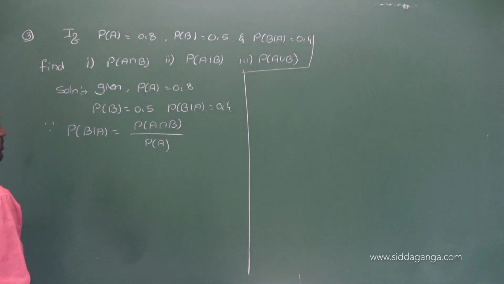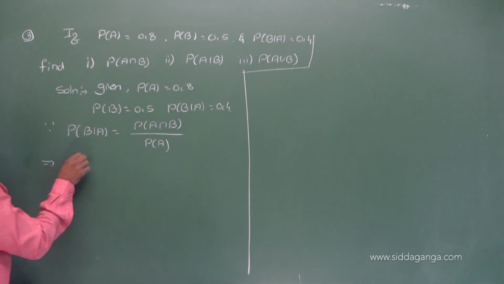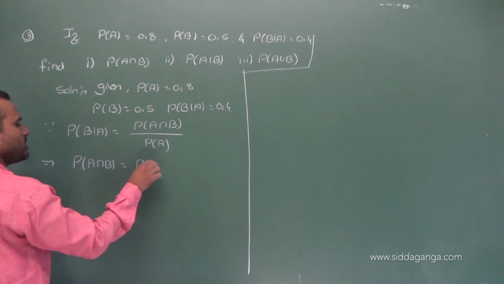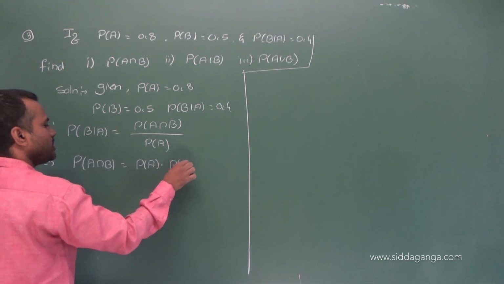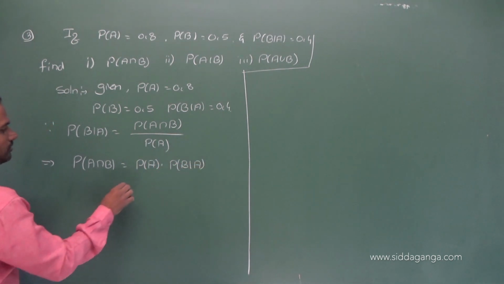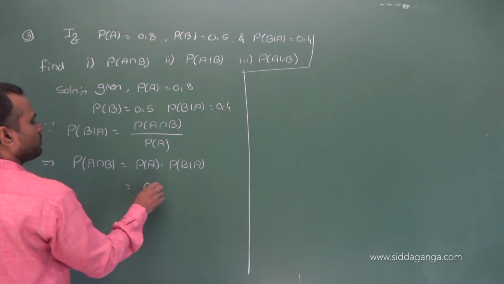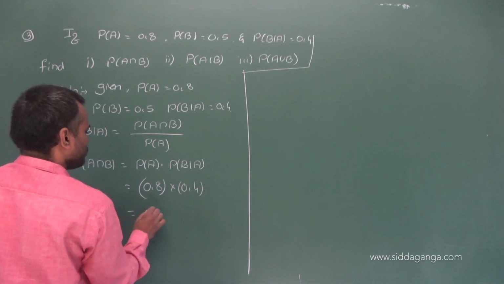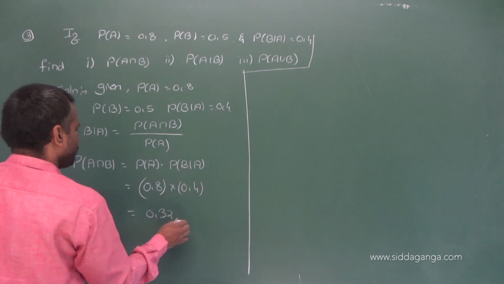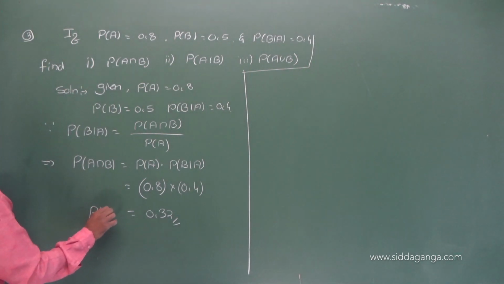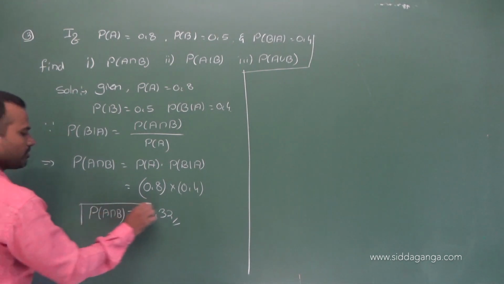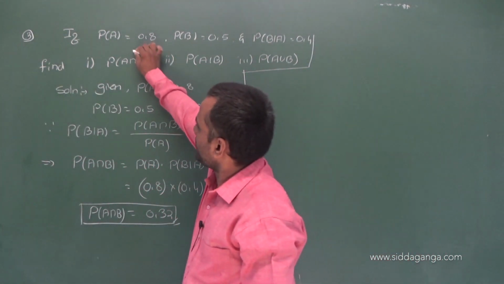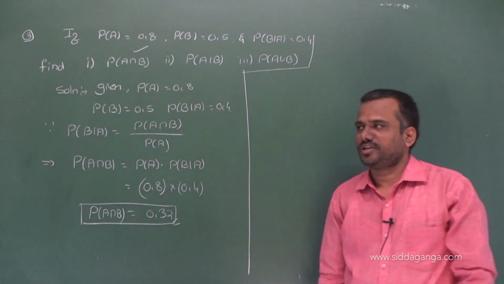So P of A intersection B is equal to P of A into P of B given A. P of A is 0.8, times 0.4, is 0.32. First one is over. P of A intersection B is 0.32.